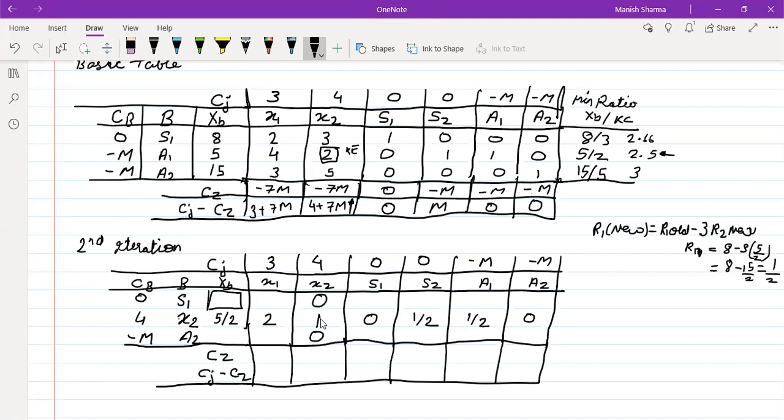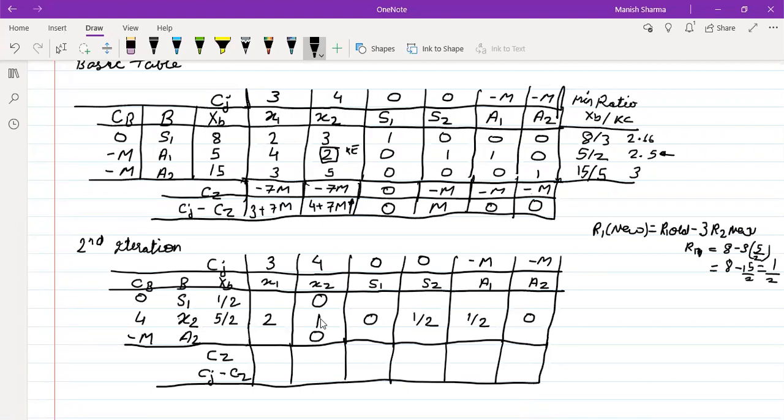R2 new is this value, 5 by 2. This is my row 2, so this is the new row value, which is 5 by 2. So 8 minus 3 times 5 by 2 is equal to 8 minus 15 by 2, which is equal to 1 by 2. So what I'll write in this block is 1 by 2. Any doubts in this?